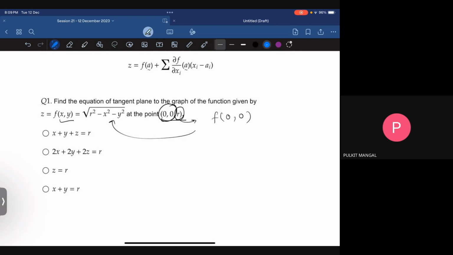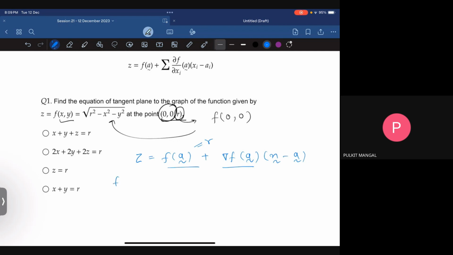According to my formula for the tangent equation, at any point, I will first find the function value plus the gradient of f at that point, and multiply with x tilde minus a tilde. I have found the function value, that is r. Now it's the turn for the gradient.